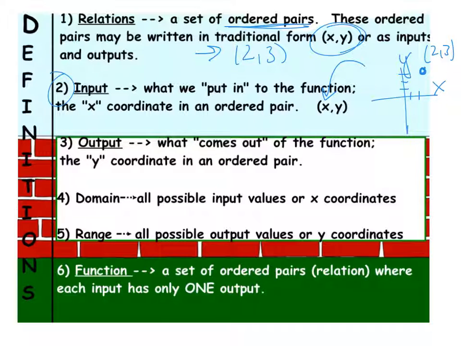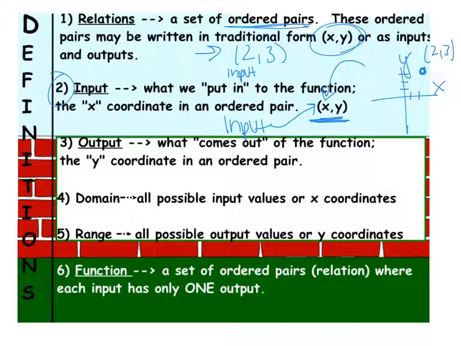Input means what we put into a function or the x-coordinate in an ordered pair. So let's go back to the familiar, an ordered pair, okay? Whatever we put in for x in the ordered pair is called our input. So in the ordered pair example I used above, (2, 3), 2 is the input value, okay?